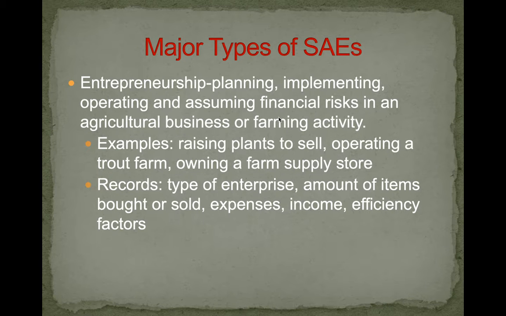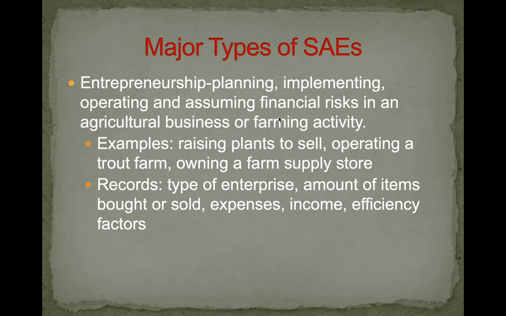If you were keeping records on this, the records you would keep would be the type of enterprise, the items that you've bought or sold, expenses. Every business is going to have some sort of expenses. That student that had the landscaping business, they had to pay for gas and they had to pay for equipment and upkeep. Income: what kind of money are you making?